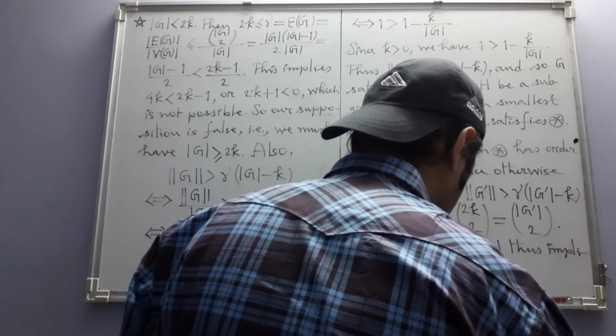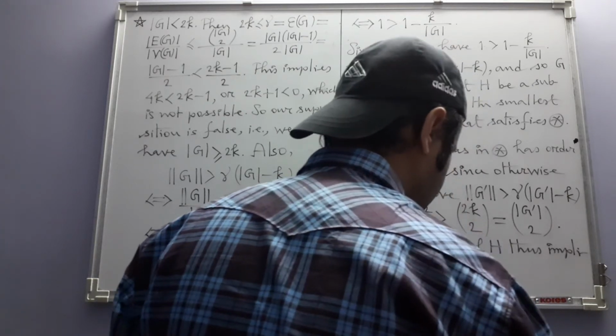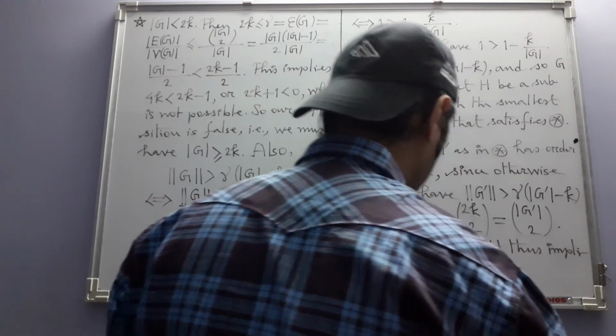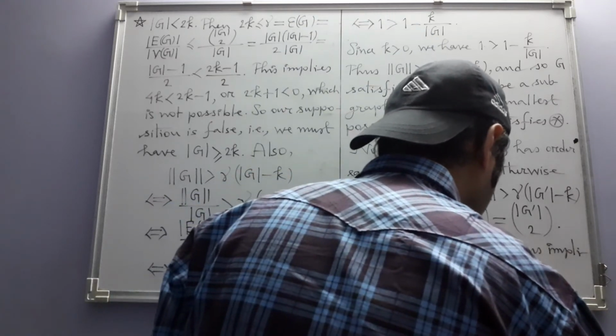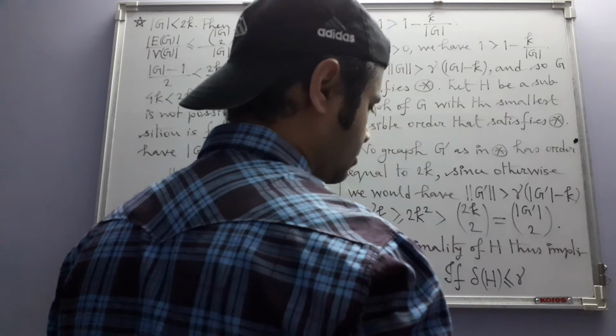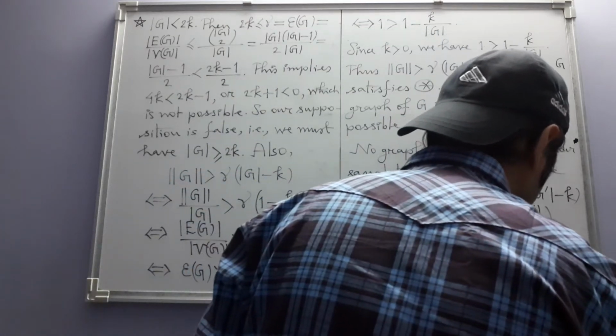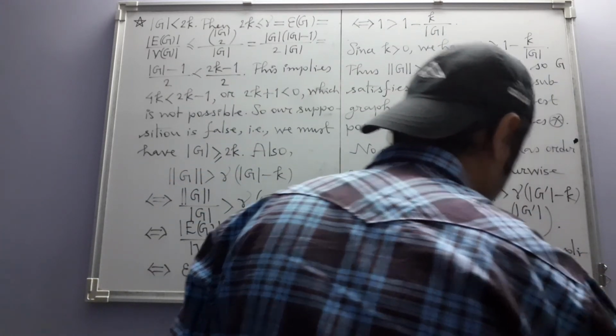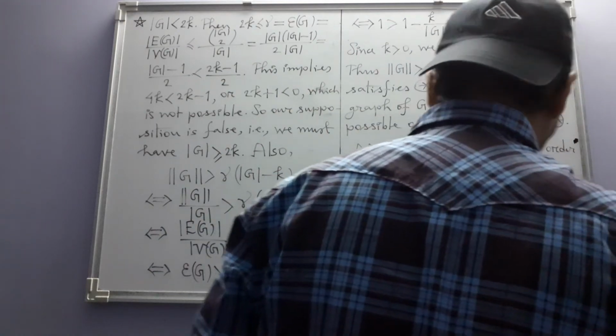If delta of H is less than or equal to gamma, then what goes wrong?